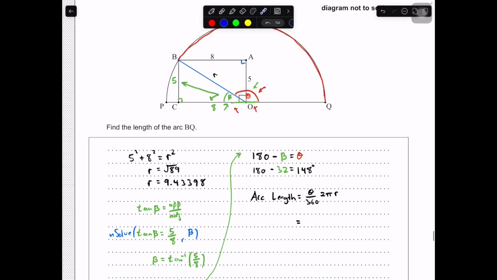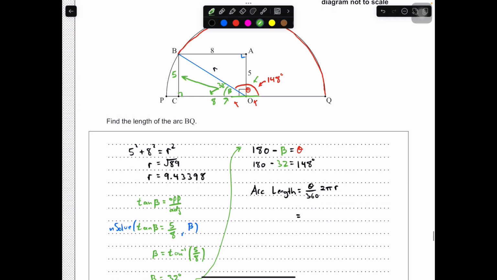We rotate through an angle of, we found this to be 148 degrees. Remember, this right here is 32 degrees and they sum to 180. So we have 148 over 360 times 2 pi, and then our radius, we can keep it as root 89. I think that's going to be the most accurate.